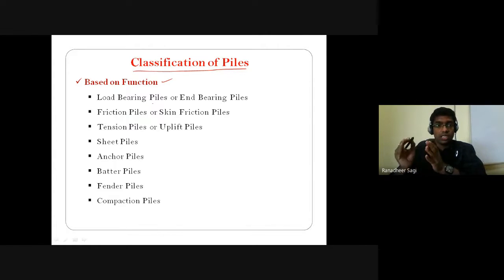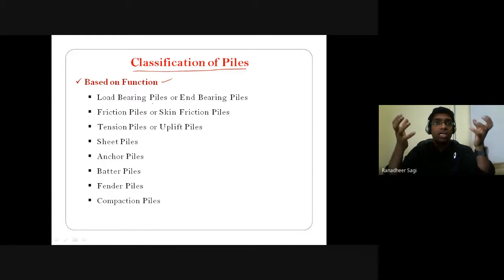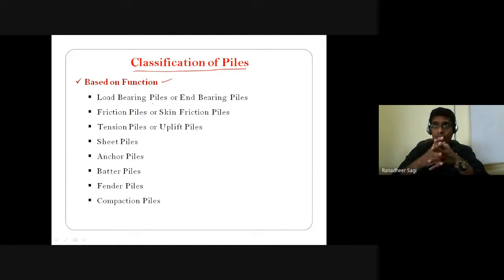Whether it is constructed to take care of vertical compressive loading or vertical uplift forces, or to take care of the loads coming from water pressure at the sea coast region, or to take care of densification of the soil. Whether the pile transfers the load only from the base of the pile, or whether it transfers the load along the shaft region of the pile, that's nothing but along the surface of the pile.